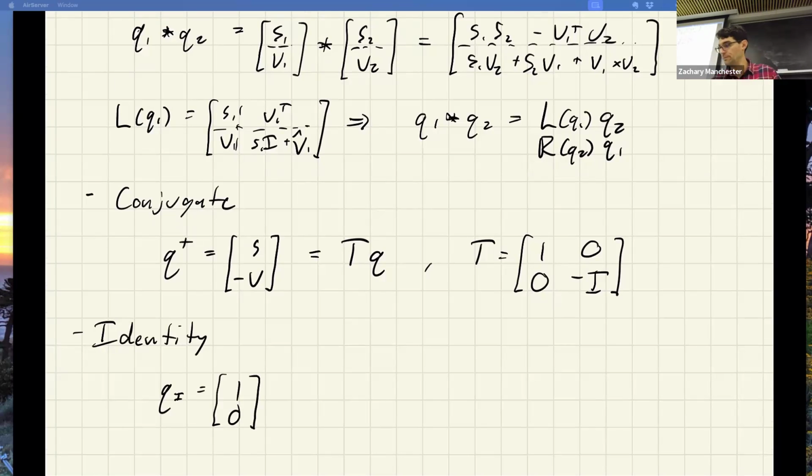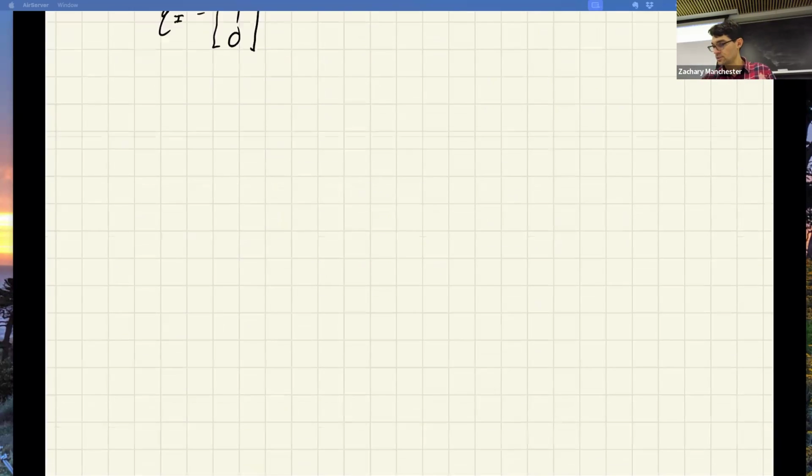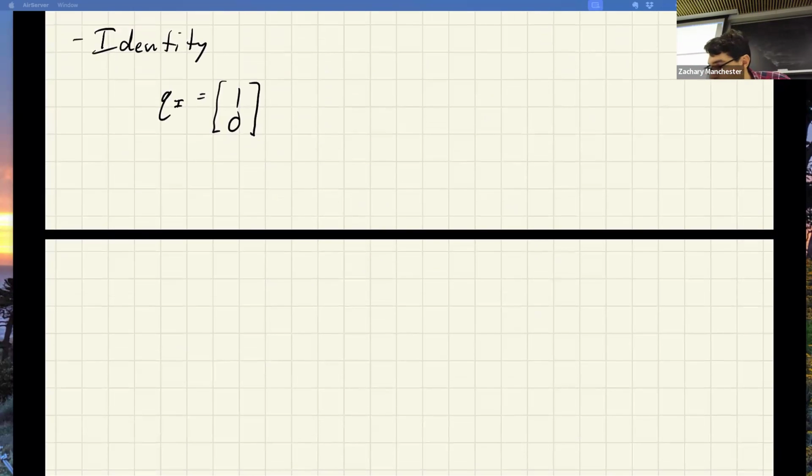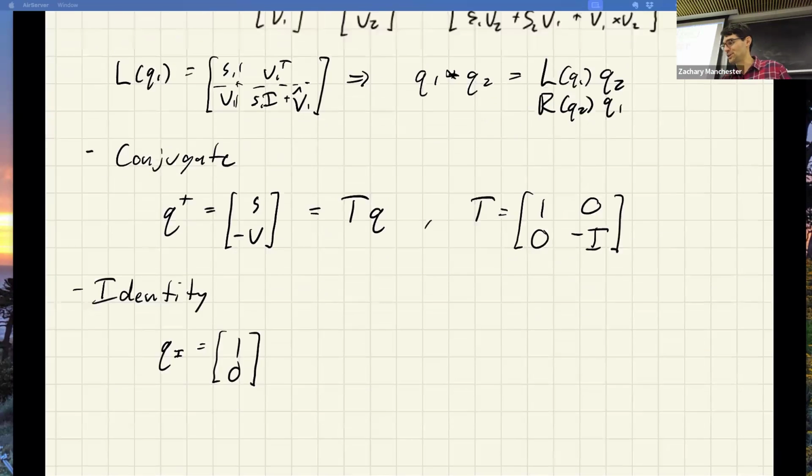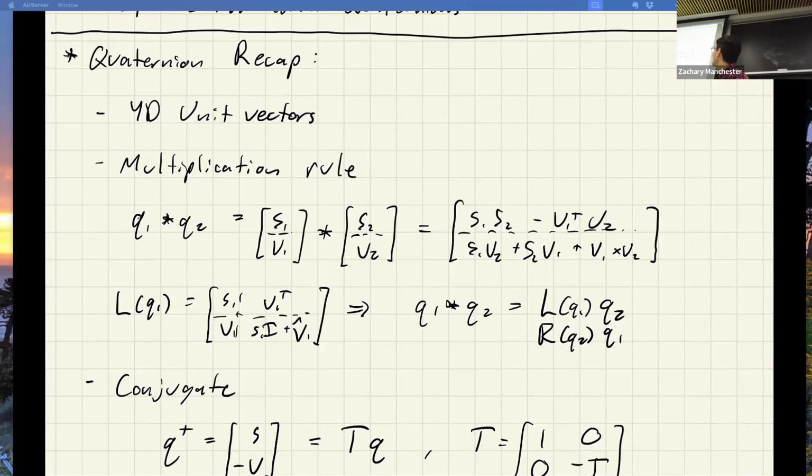Okay, cool. Let's see. I'll review stuff. There's also a sort of hat map for quaternions. Remember, the hat map gives us the cross product. If I just wanted a cross product and wanted to stuff it in this quaternion multiplication, what would I do? If I just want V1 cross V2, how can I get that out of this?